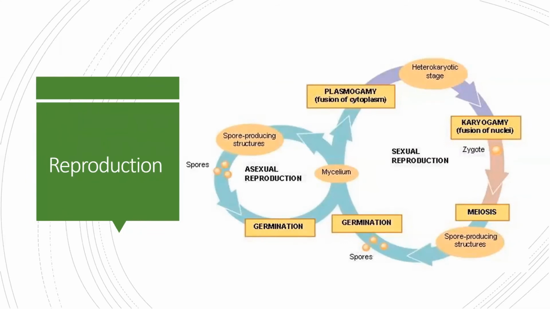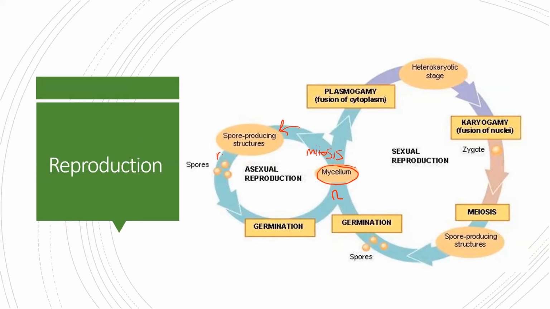Okay, so now let's quickly go through the general reproductive style of fungi. Some things to note about fungi is they primarily live their lives as a haploid organism. Remember that we denote that with just an N by itself. So let's start with looking at this mycelium. Remember, this is like the main body of the mushroom. The mycelium is a haploid organism, and it will go through mitosis to eventually produce spore-producing structures, so like the reproductive part.